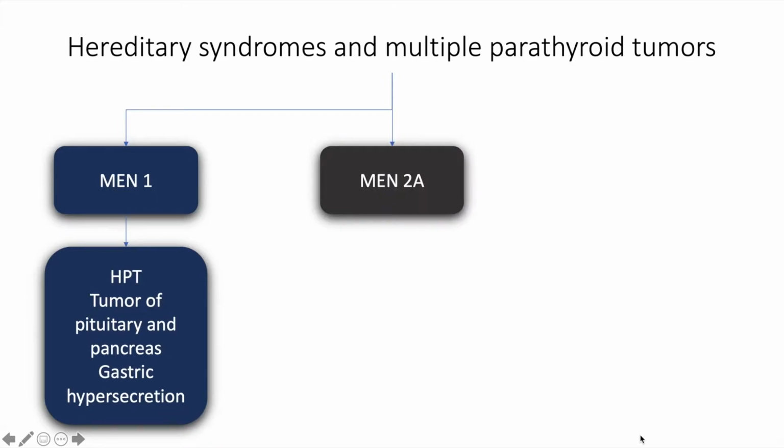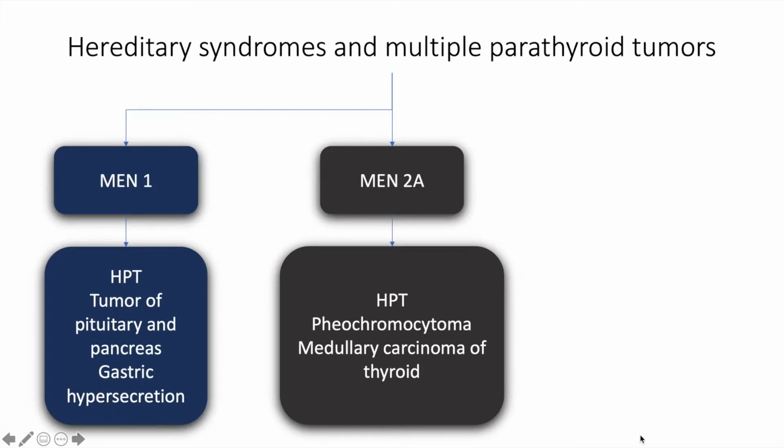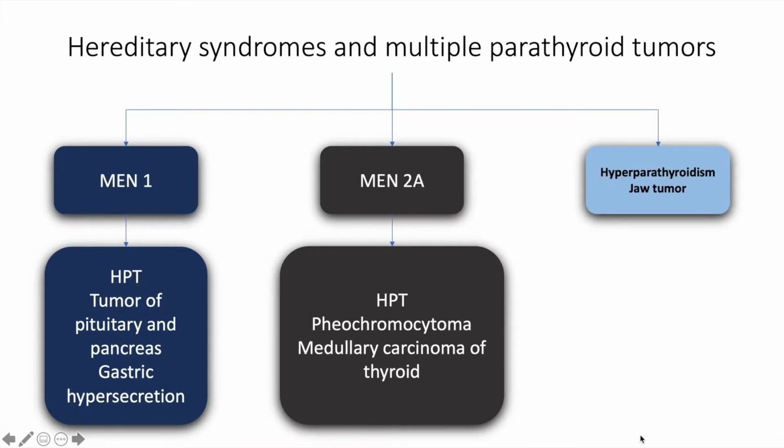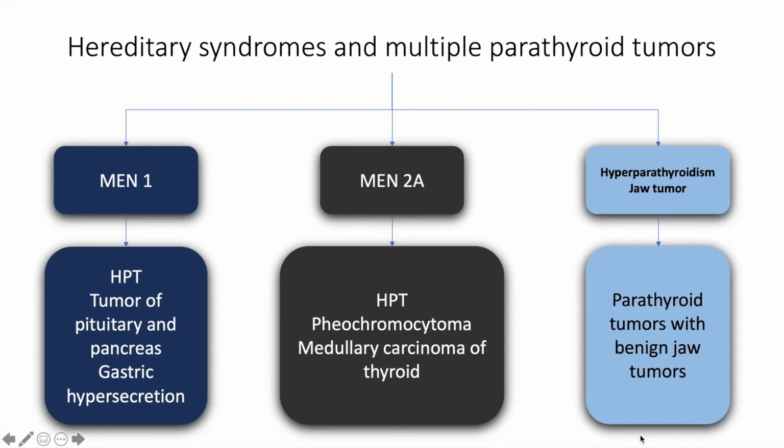Similarly, multiple endocrine neoplasia type 2, which is characterized by hyperparathyroidism, pheochromocytoma, and medullary carcinoma of thyroid, may be present. Finally, hyperparathyroidism jaw tumor may be a cause, which is parathyroid tumors along with benign tumors of the jaw.